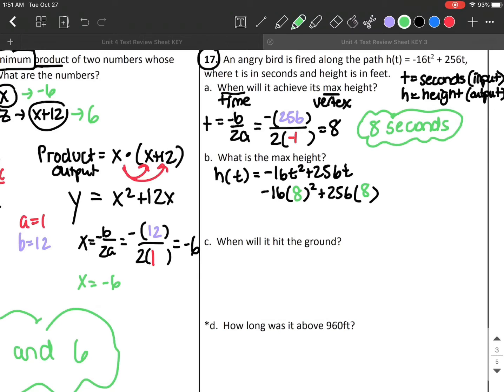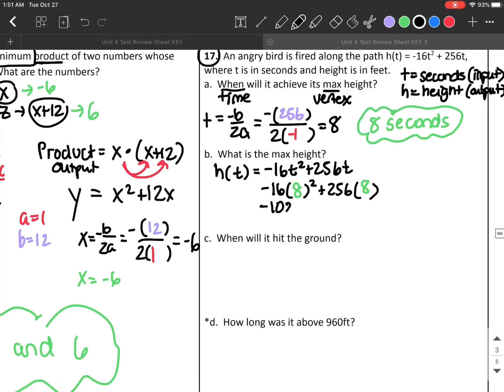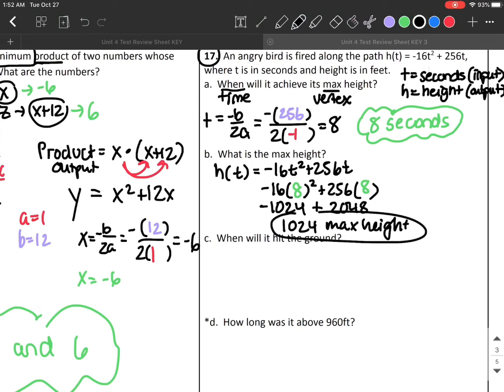So I'm doing 8 squared, which is 64, times negative 16, which is negative 1024, plus I have 256 times 8, which is 2048, and I'm going to end up with 1024 as the max height. Okay, that's the maximum height.